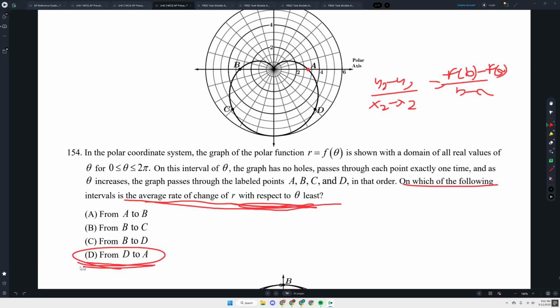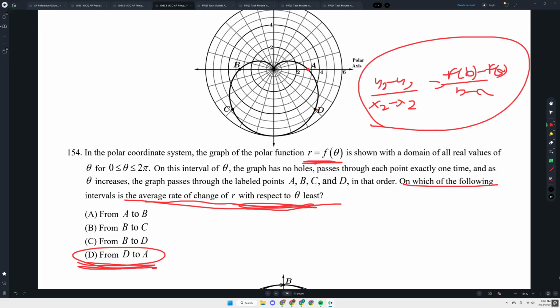It also says from D to A, and D to A has, hold up. Actually, never mind. The best way to do this would be just to plug and chug, unless someone has a better way of testing these questions. Can I graph this? You cannot graph this because you do not have a function. They don't give you a function to graph.